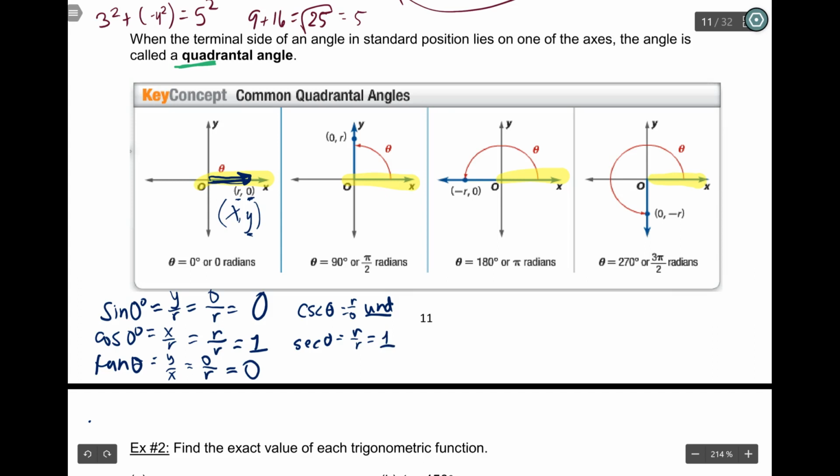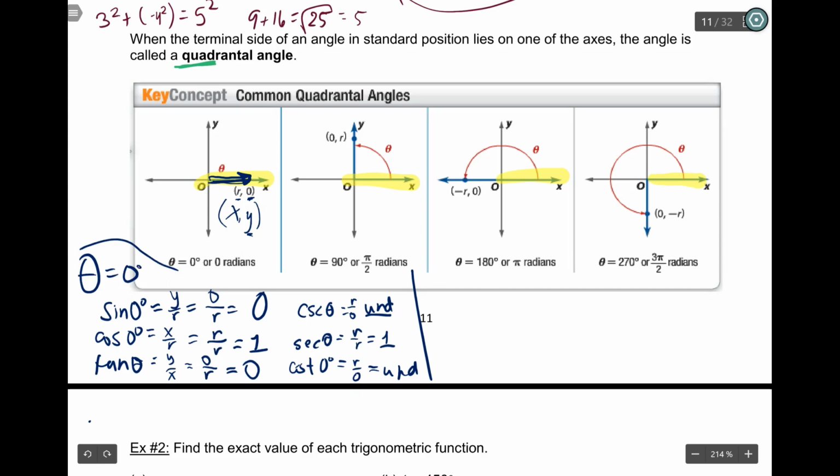The reciprocal of 1 is 1. And lastly, we have cotangent of 0 degrees. Cotangent is the flipping of the tangent. So you have x over y, where our x value is our radius and our y is 0. So here, once again, it's undefined. And this is for theta equal to 0 degrees.